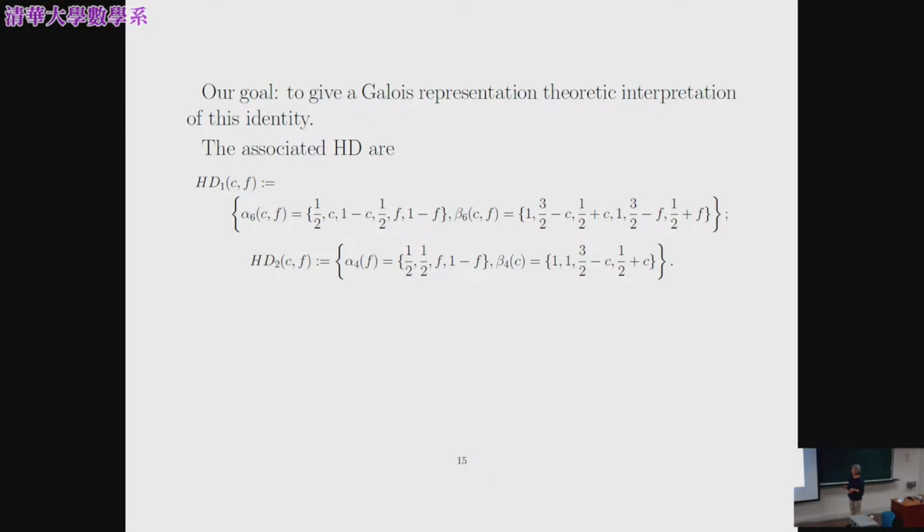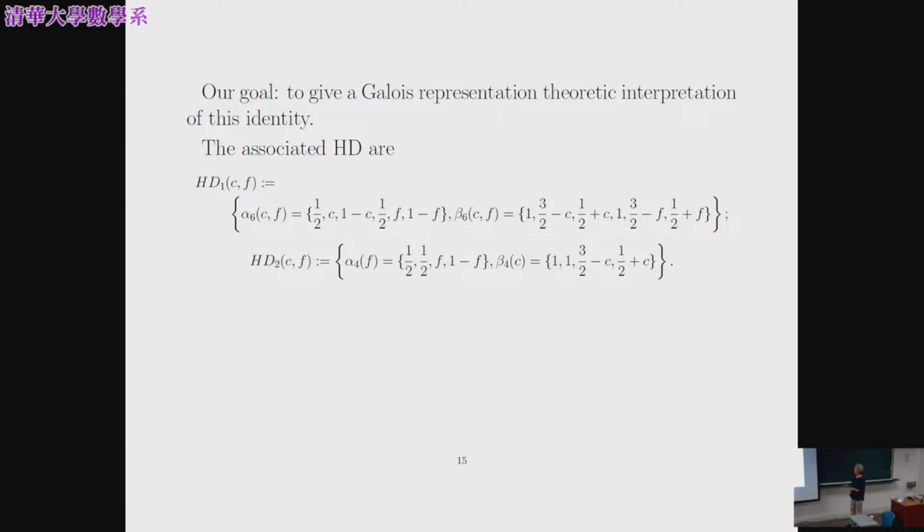We come up with the first set, which has length 6, and the beta will be such that the corresponding value is 3/2, and that also determines the second datum. So we want to reinterpret that complex identity using the Galois representations associated to the first datum, which has length 6, and the second datum, which has length 4.